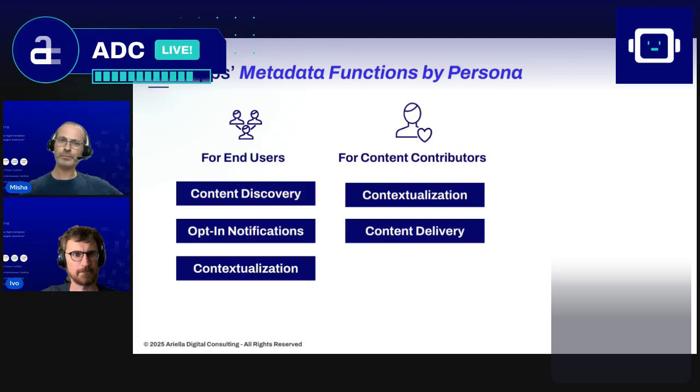Content delivery. Metadata also allows you to deliver content to one or multiple areas of the site. And we'll see in a second, where you create a content, and for example, you want it delivered into a specific team area and a specific landing page, right?